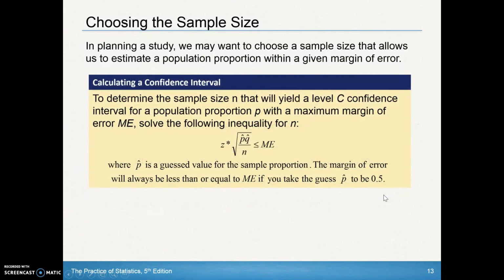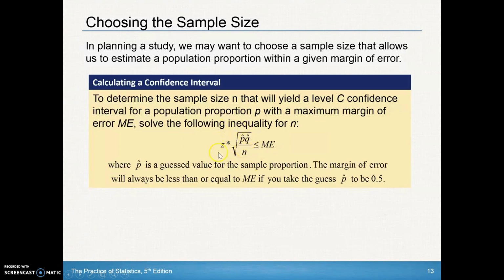Okay. So in planning a study, you may want to choose a sample size that allows us to estimate a population proportion with a given margin of error. So to determine the sample size, n, that will give us a level C confidence, whatever confidence level we decide, for a population proportion with a maximum margin of error, we have to solve this formula here.